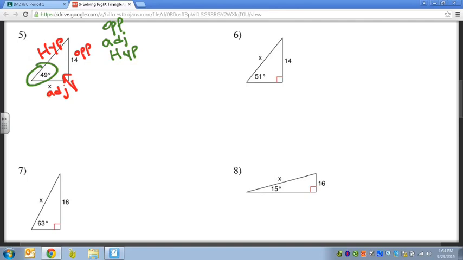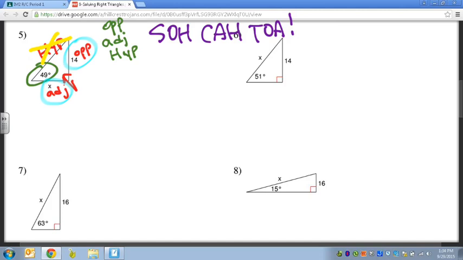Now, using the information we're given, I know that the adjacent side is x and the opposite side is 14. I don't know anything about the hypotenuse, so I'm going to cross off the hypotenuse. Now, with the information that I know, I'm going to write down my tribal phrase, SOH CAH TOA.